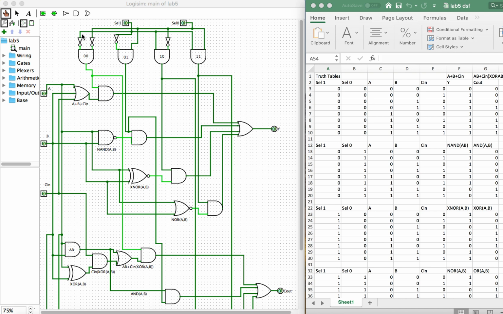Each different state or each different scenario for cell 1 and cell 0 dictates a different equation for y and a different equation for C out.